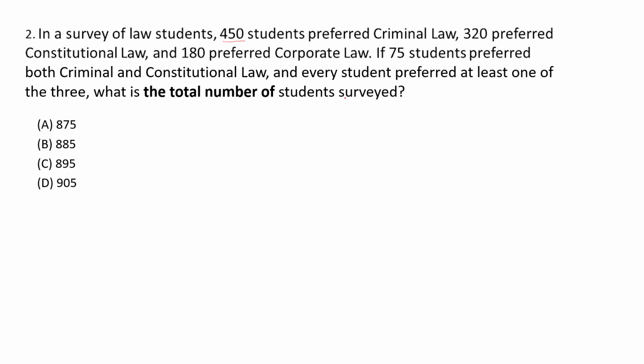And now you have to see the scenario. There are three subjects, three laws. One is criminal law. Let me write it down. How many students are interested in criminal law? 450 students, right? Then second is constitutional law.